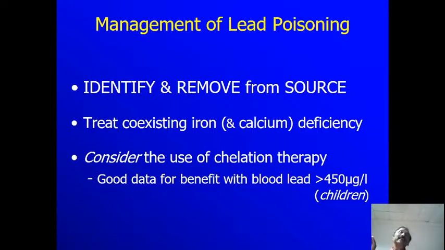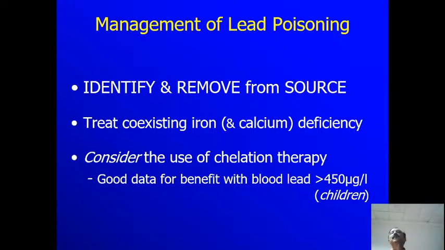What did I say? I said that mainly it is by inhalation. So a person who is working with lead ore and extraction of lead and lands up with a problem, we must remove him from the source. We come to know that he's got a high amount of lead in his blood, so we must remove him from the source, or we get some features of lead poisoning.